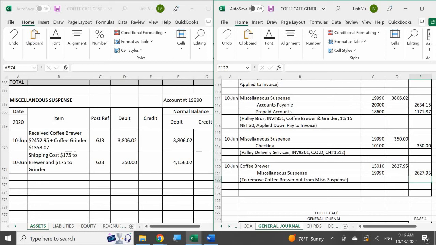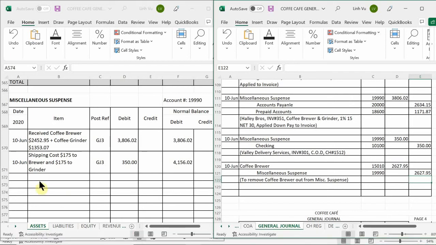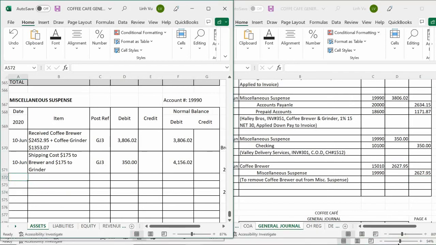And then, since I already finished my journal, right, that had nothing to do with anything else, so I'm going to go ahead and plug it in right away into my miscellaneous suspense account because I already have it opened right here. Okay? So here, I'm going to put in remove coffee brewer, okay, for that $2,452.95 plus the $175 shipping.